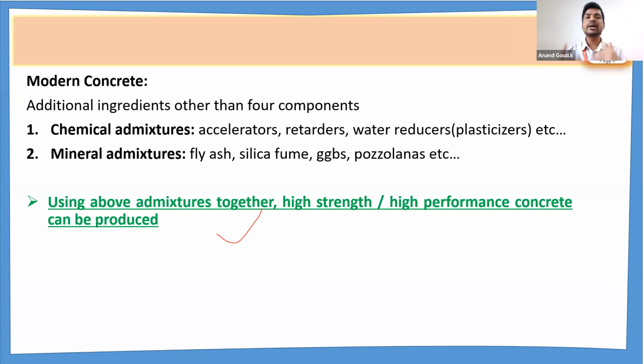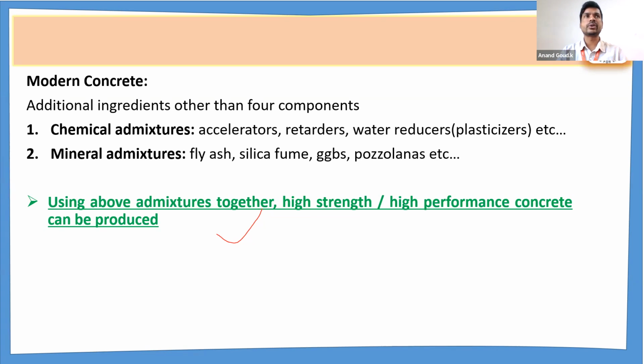So like that, compared to ordinary concrete, here we are going to add some extra materials to improve the properties of that ordinary concrete. It may be in point of strength, it may be in resistance to environmental agents, or it may be in terms of absorption, permeability, whatever the property.